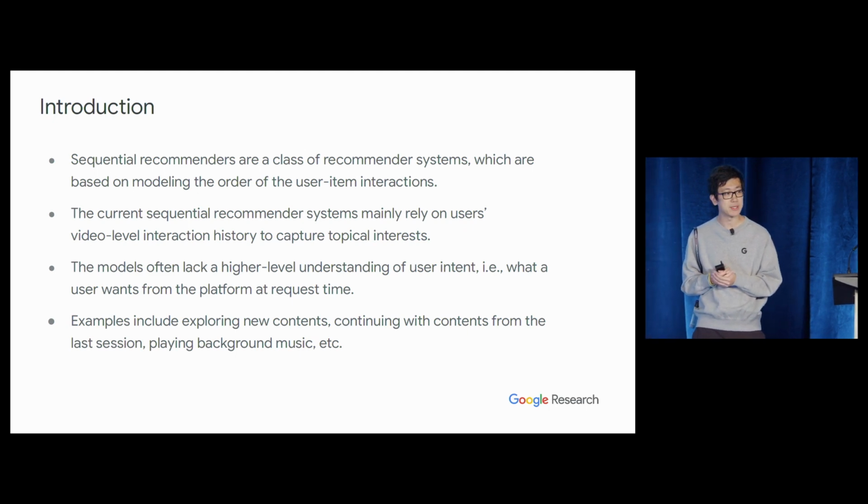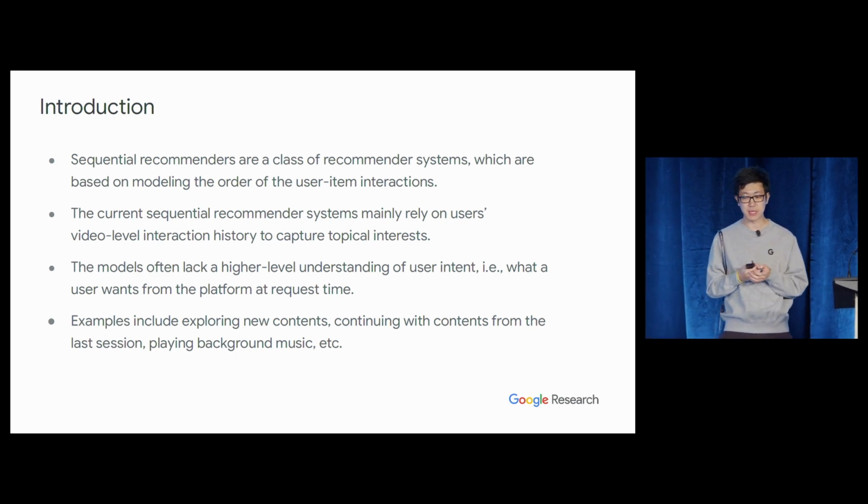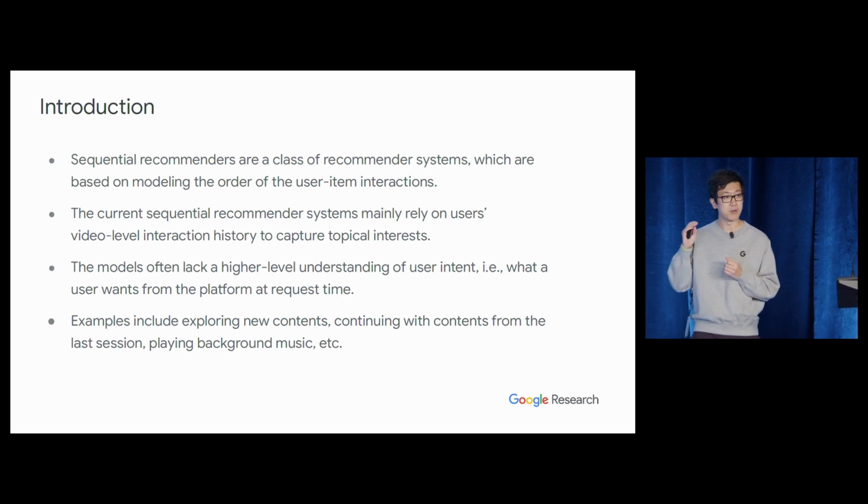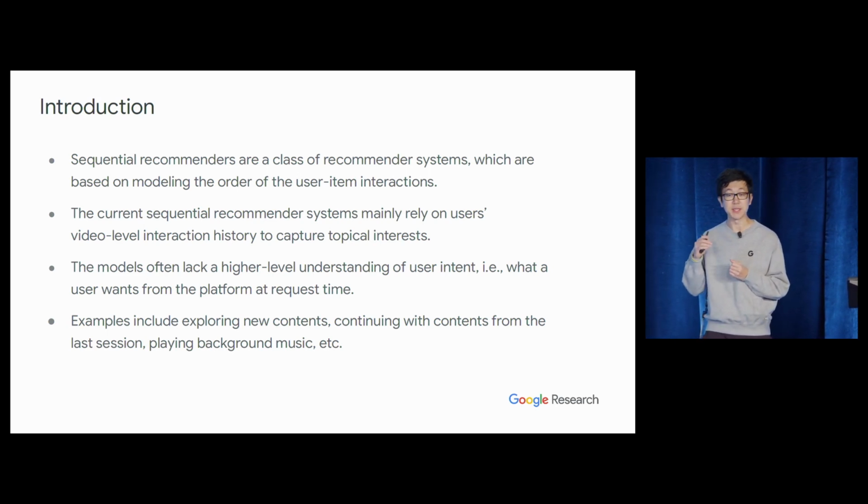But one downside of the commonly used recommender system is that it's mainly based on item-level interaction history. The model knows what items the user consumed before, and those topics or item histories are very good to capture topical interest. But on the other hand, we often lack a higher-level understanding of users' intent.